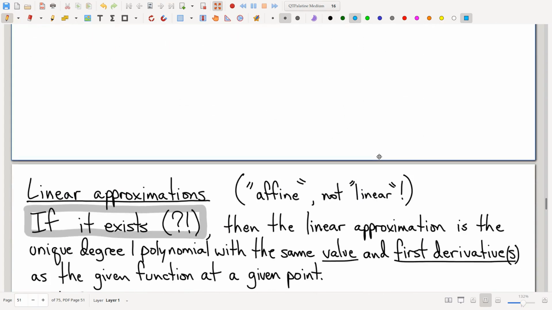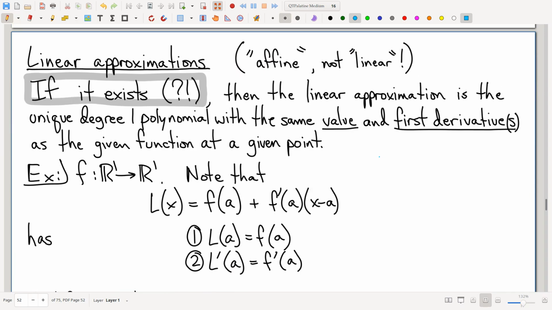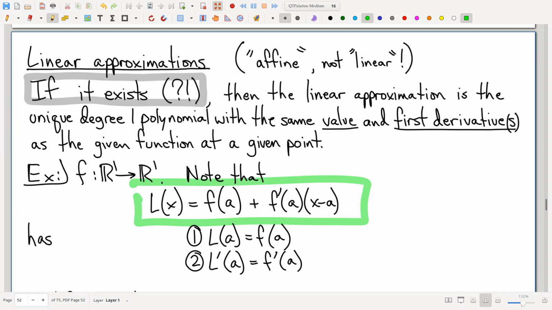Okay, moving along. So, linear approximations. You remember this stuff here, I presume. In particular, I'm sure you remember this formula for what's called the linear approximation of a single variable function, in particular a differentiable single variable function. Everybody ring a bell? Flashbacks? Okay, cool.